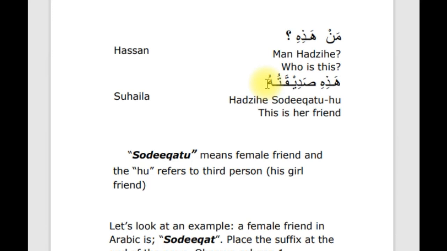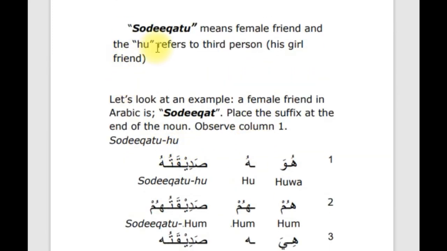Huwa, he, the possessive for he. This is his friend. Hazihi sadiqatuhu. Sadiqatu means girlfriend, and hu refers to a third party male, his girlfriend.